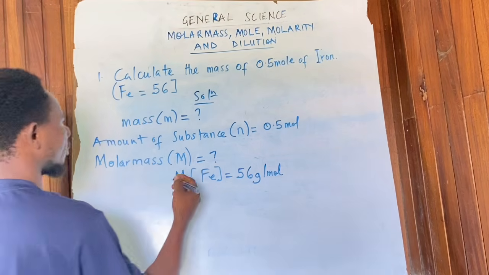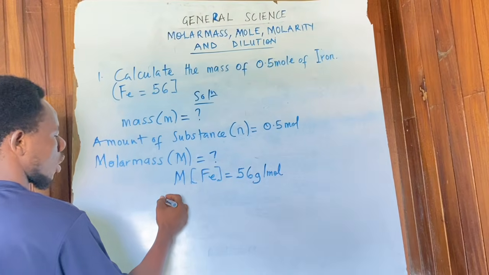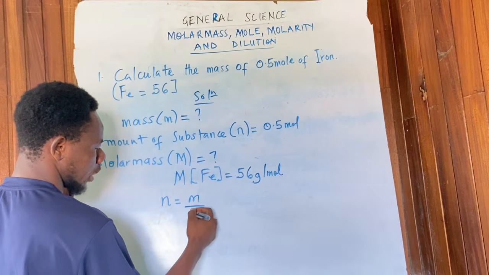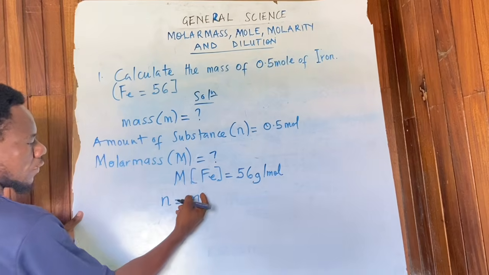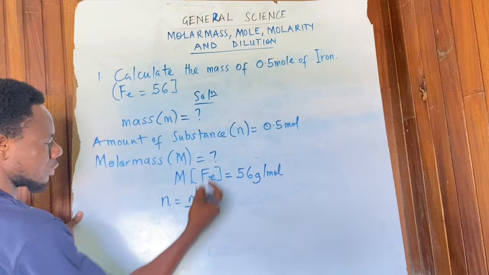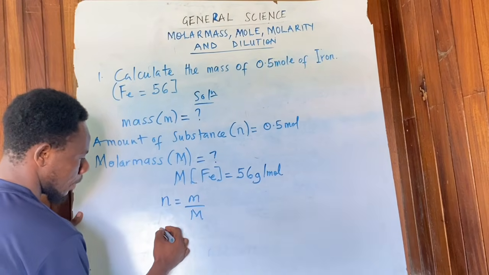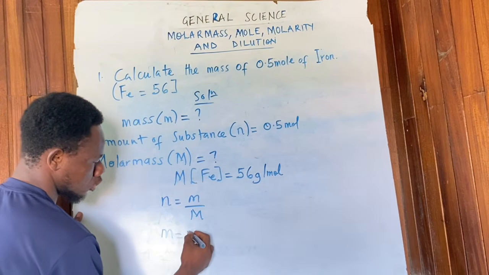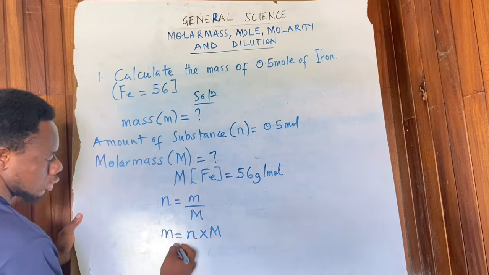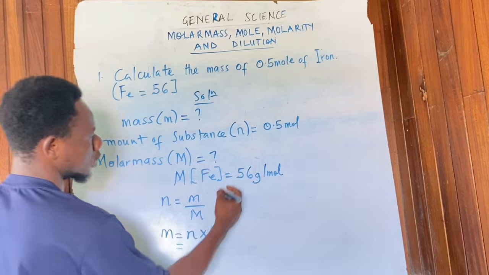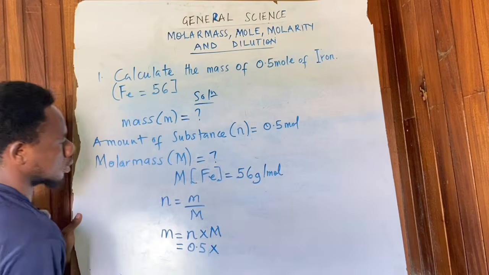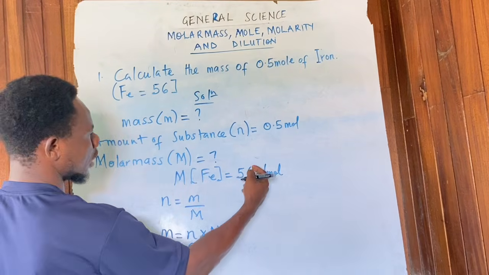You put down your formula. Your n is equal to what? Small m over big M. You are finding small m. You can just put in the values, or you make m the subject, where m is equal to small n times big M, like this. You put in the values. n is what? 0.5 times molar mass. Where is molar mass?